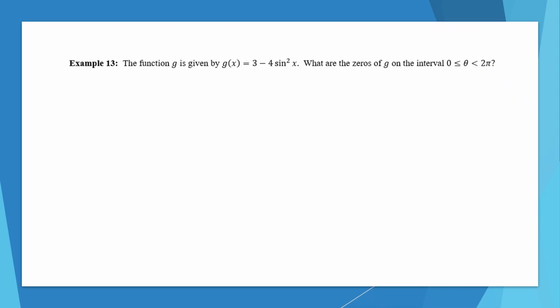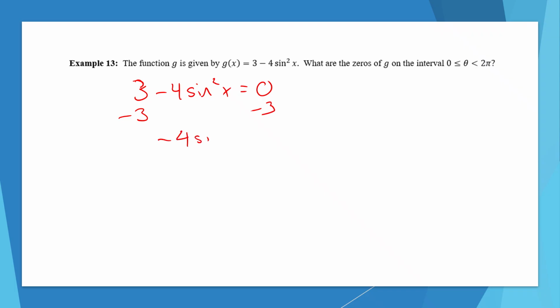All right, let's try example 13. The function g is given by that. What are the zeros from 0 to 2 pi? So let's solve this one. Here we have 3 minus 4 sine squared x, and we want to see where this is equal to 0. I'm going to start by subtracting 3 from both sides to isolate that trig function.